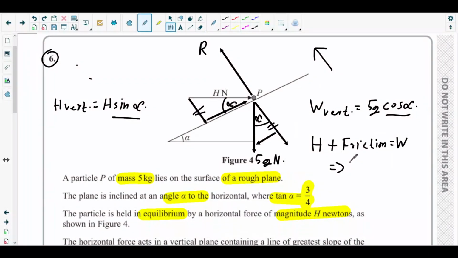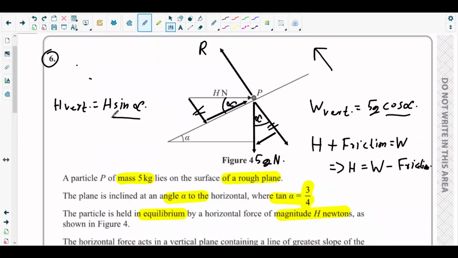If you make H the subject, you will get W, weight, minus the friction. Since the system has to be in equilibrium, the friction will take out some part of the weight to make it balanced. That's why H will be the least, and the least value of H will happen when the system is in limiting equilibrium.